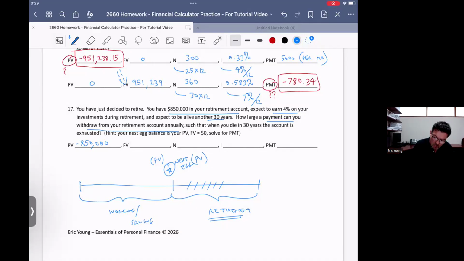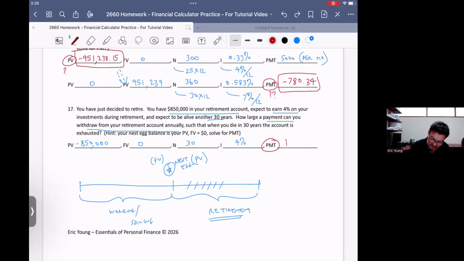We know that you want to be alive for 30 more years, at which point you're okay with the account having zero, and that you can earn 4% per year. We're solving for PMT. In other words, we're asking, how much money can you take out of your account every year such that $850,000 growing at 4% will last you for 30 years?